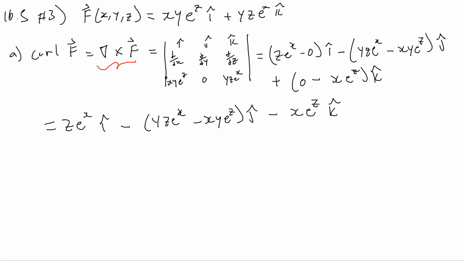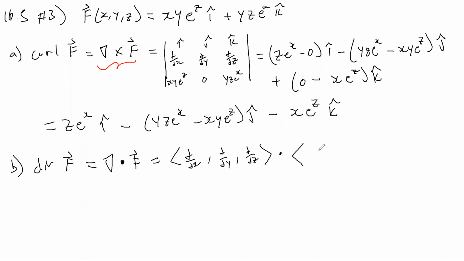Now let's look at part B. We're supposed to find the divergence of the vector field, div of F. Again, this is the del operator, but instead of cross product, we're taking the dot product with F. Let me set it up real quick: the partial derivatives as a vector dotted with xy e to the z, 0, yz e to the x.